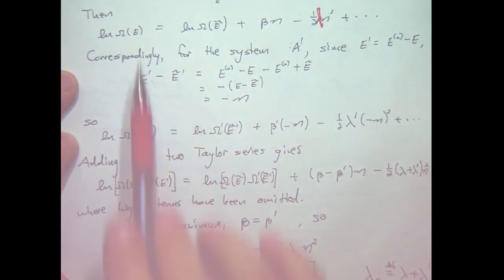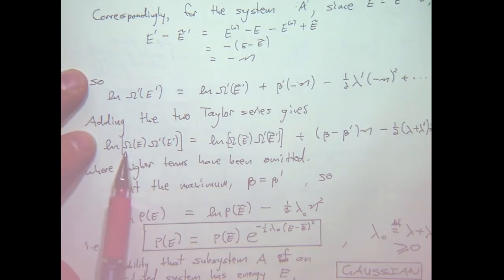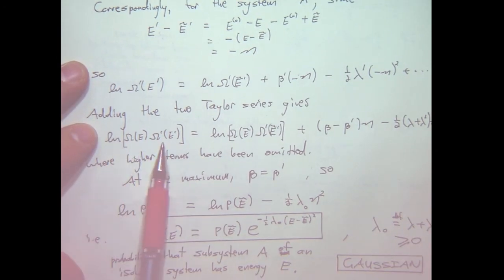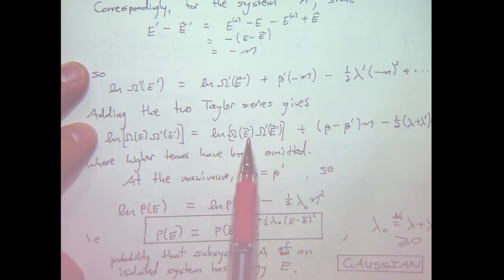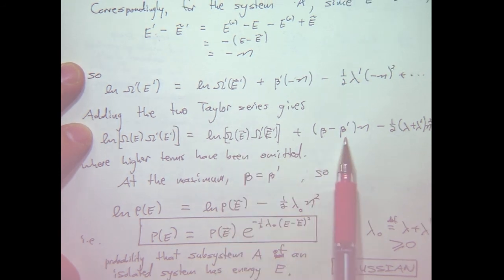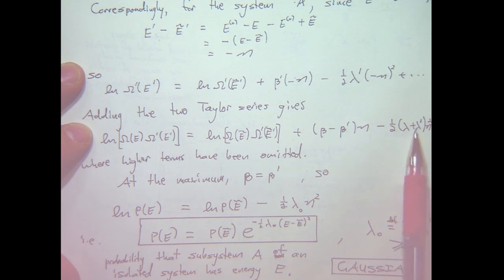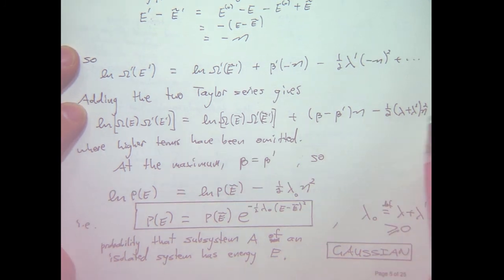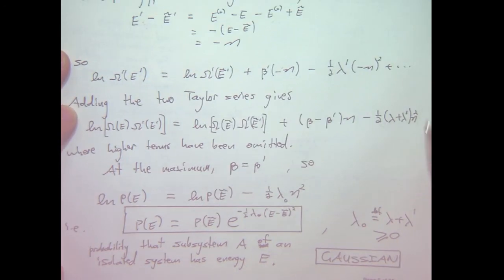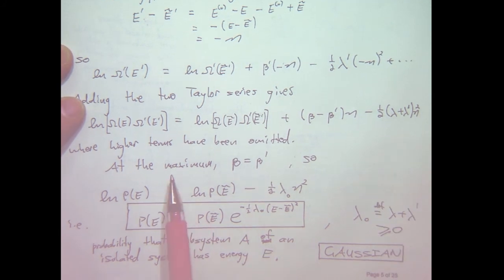Then you add the two Taylor series, you get log of omega prime, and so you've got log of the product of the constants there, plus beta minus beta prime eta, minus a half lambda plus lambda prime eta squared, and you omit higher terms because we're going to get in close to the maximum. And at the maximum, beta equals beta prime, so that linear term drops out.